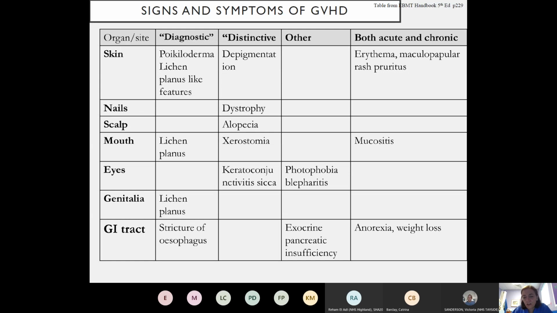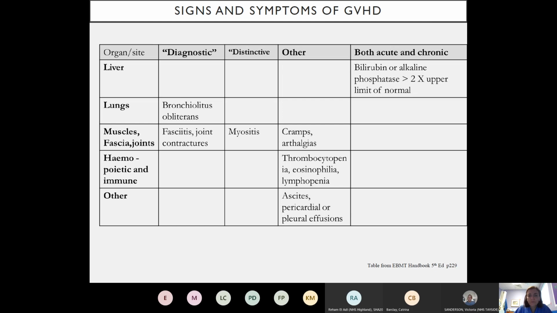GI tract fissures, exocrine pancreatic insufficiency. You know, it's a horrendous toll. In the lungs, we can get bronchiolitis obliterans. In the hemopoietic immune system, thrombocytopenia is commonly seen, as is eosinophilia and lymphopenia. So these patients are very immune suppressed and may well have cytopenias.